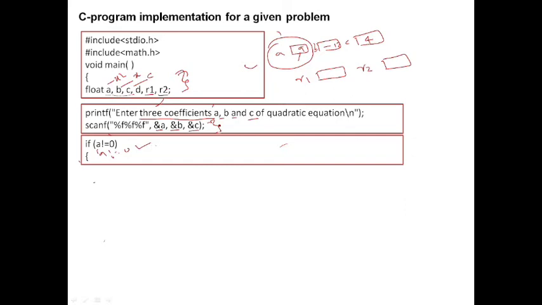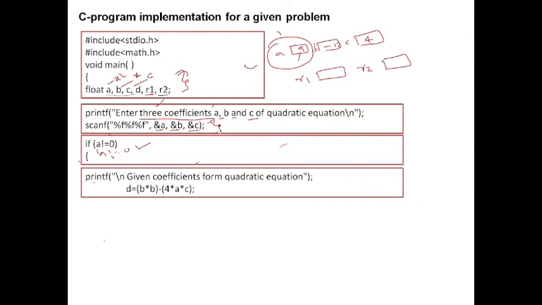We will find out the discriminant value to understand the nature of the roots. Okay. So next we will compute the discriminant value here. So d equal to what here? b square minus 4ac. Okay, this expression is written in C in this way.